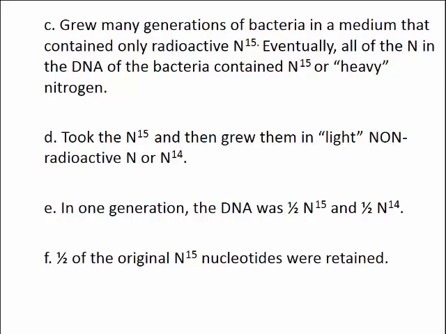And in one generation, that is, after giving the bacteria time to replicate themselves just one time, they analyzed the DNA and they found that the DNA was half heavy nitrogen, radioactive, and half nitrogen-14, non-radioactive, light nitrogen. So they knew from this experiment that half of the original nucleotides were retained and the other half were taken from new nucleotides made from the light, non-radioactive nitrogen-14.